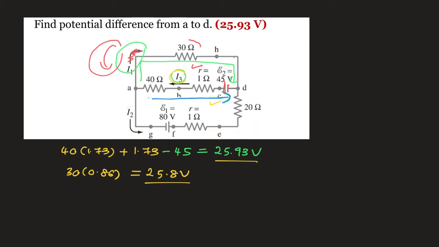So here I'm going to draw one big loop from A to B. At the battery, my assumption loop is moving from lower to higher potential difference, therefore I'm going to put it as a positive 80, minus the internal resistance.